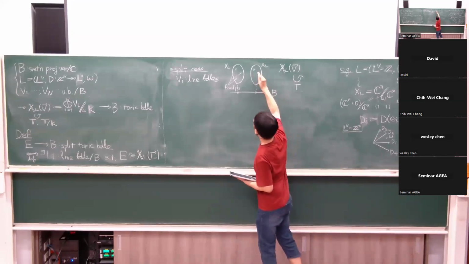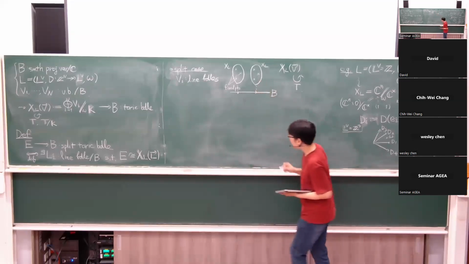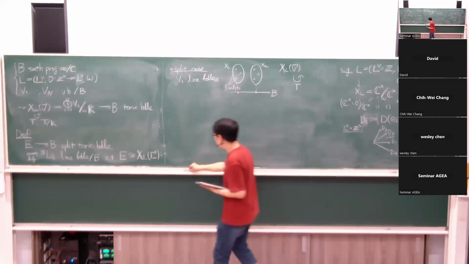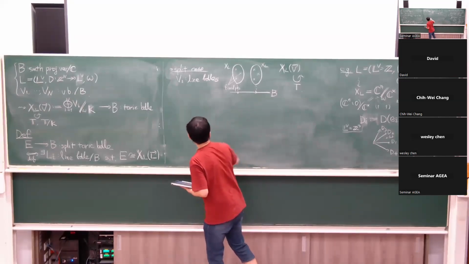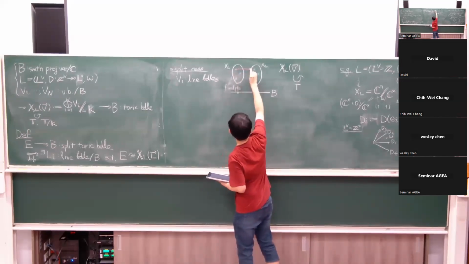We can consider fixed points for each fiber, and by gathering them, we obtain the fixed point set of the toric bundle.